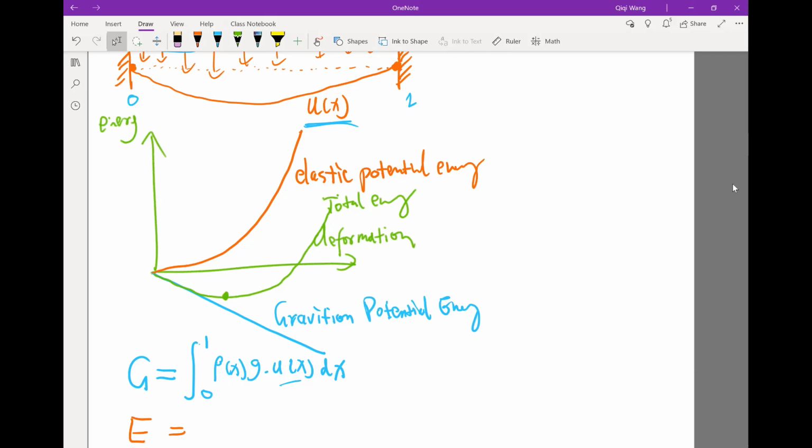So let's say the rope has an elastic coefficient of K. Let's say it's a linear elastic rope, where the tension on the rope would be proportional to how much it lengthens.